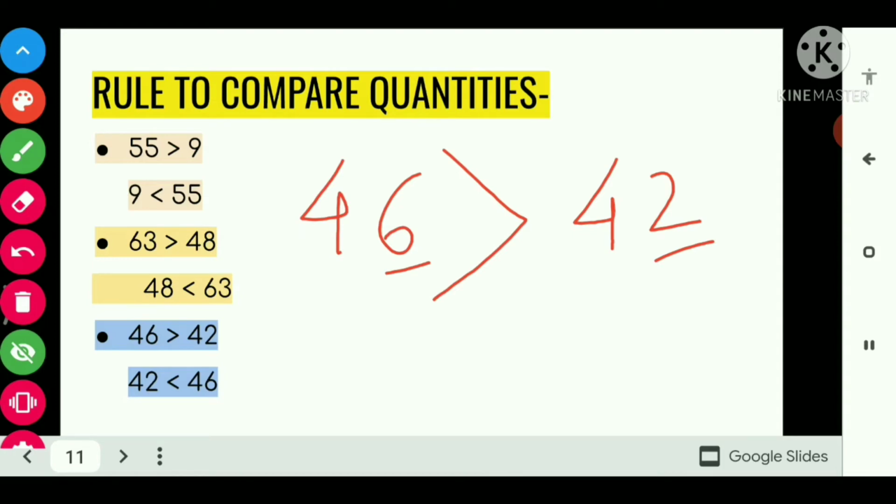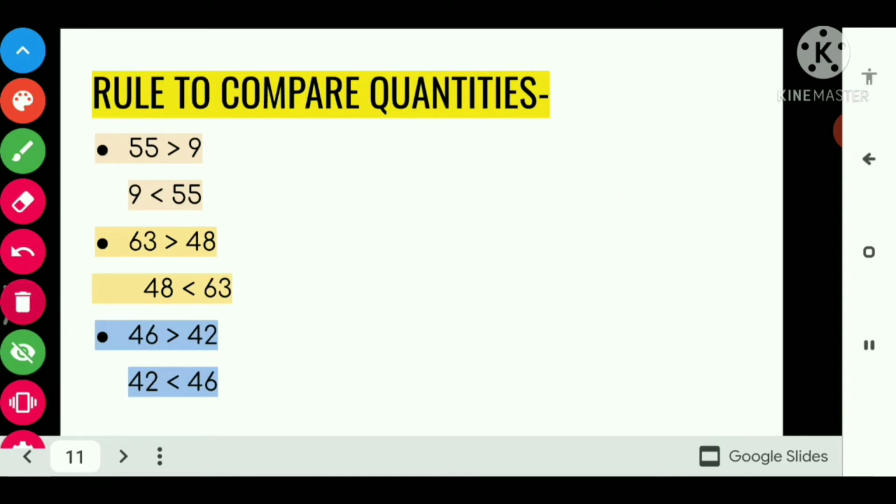So 3 rules are there, and on the basis of these 3 rules we can compare any number. Let me revise once more. First rule: if one 2-digit number and one 1-digit number are there, the 2-digit number will always be greater.